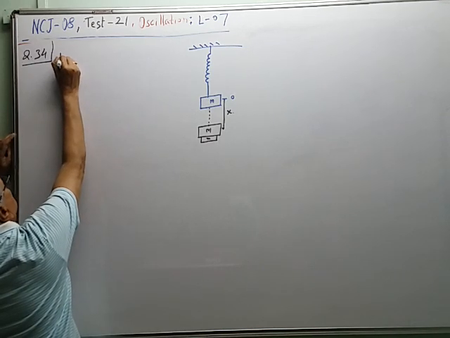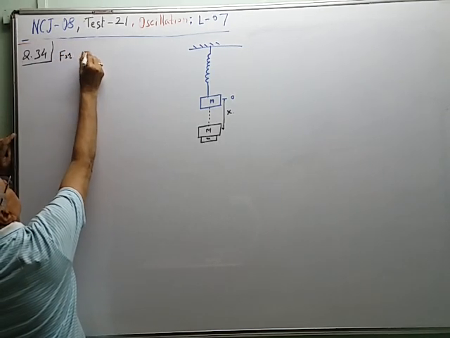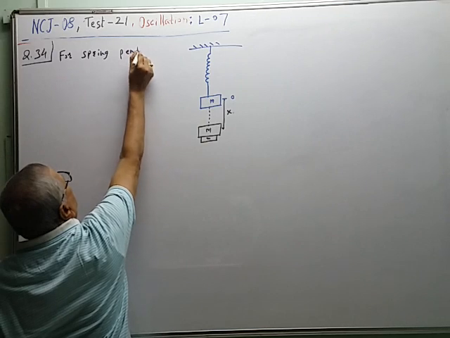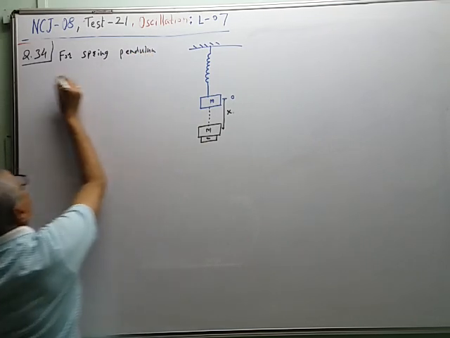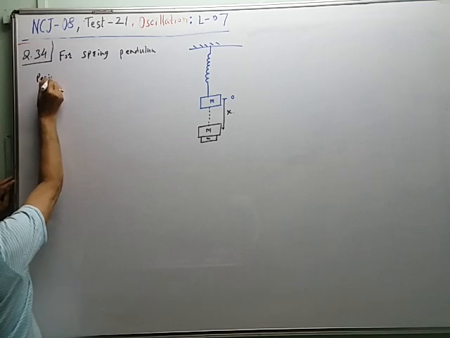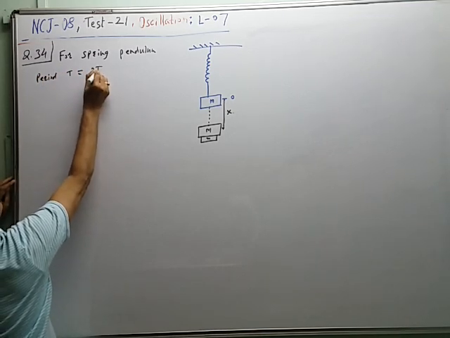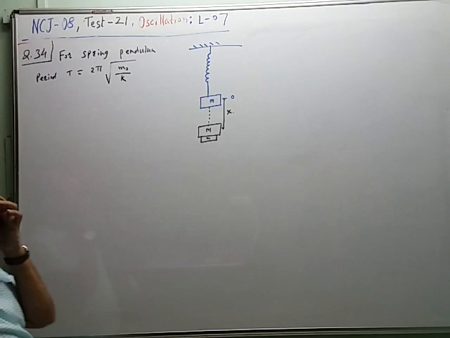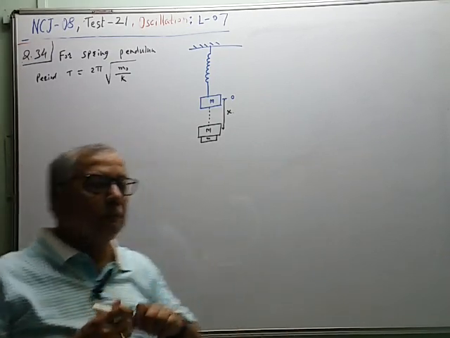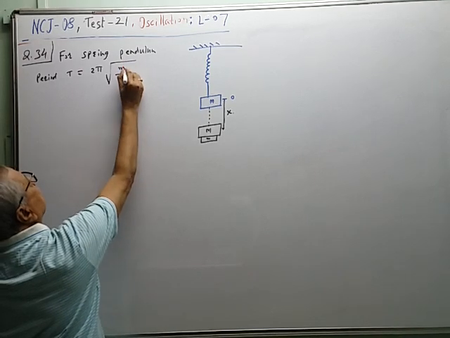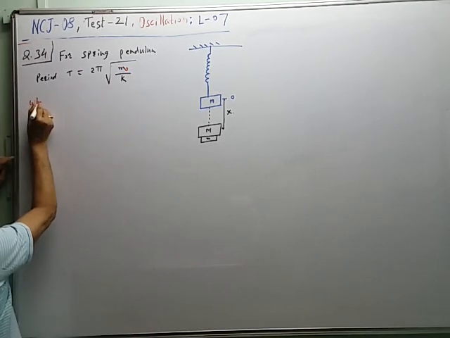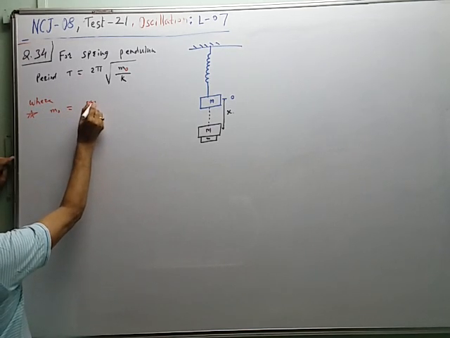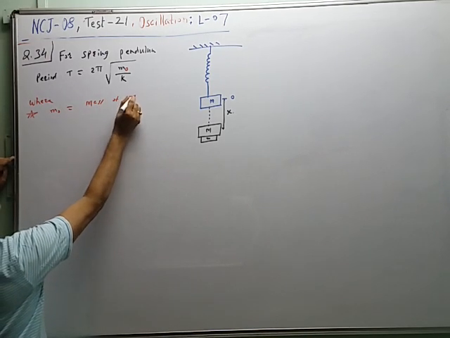So our spring pendulum period capital T is equal to 2 pi multiplied by under root of M0 by K. So remember this symbol M0, where M0 is equal to mass of oscillating body.